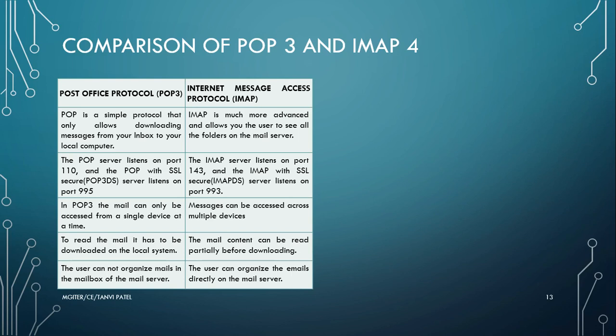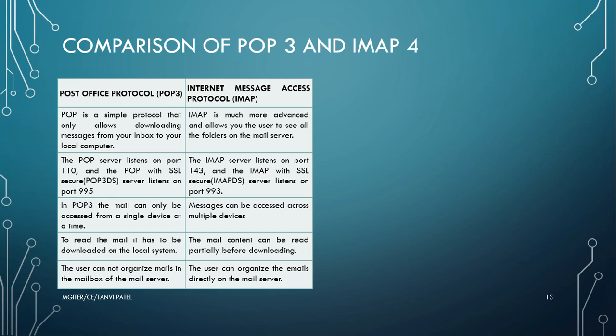The POP server listens on port 110, and POP with SSL, that is secure layer, listens on port 995, whereas IMAP4 listens on port 143, and with security it listens on port 993. In POP3 the mail can only be accessed from a single device at a time, and in IMAP messages can be accessed across multiple devices.